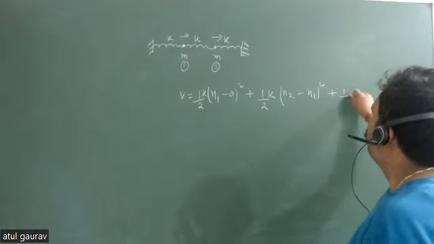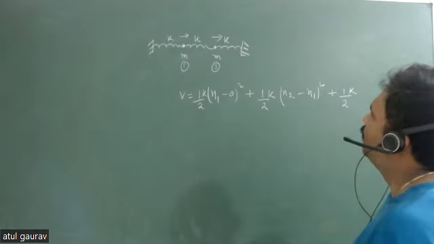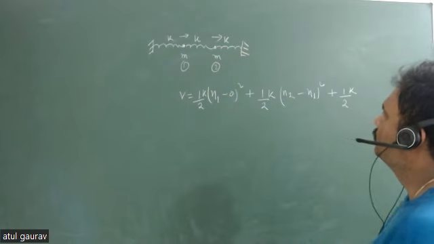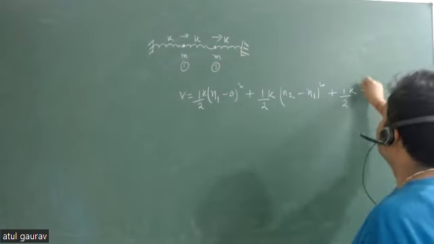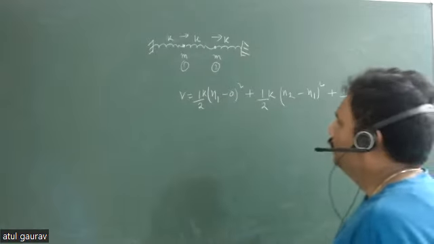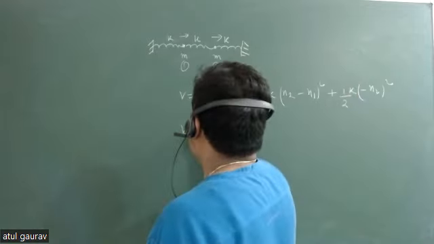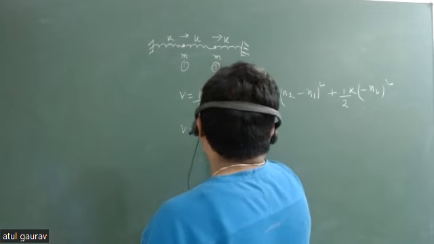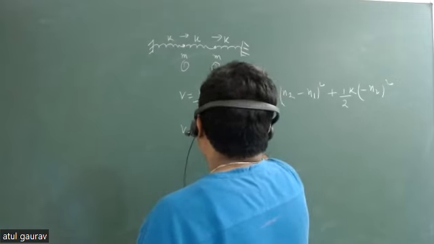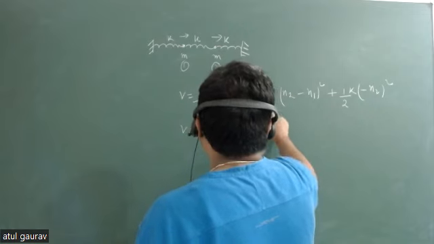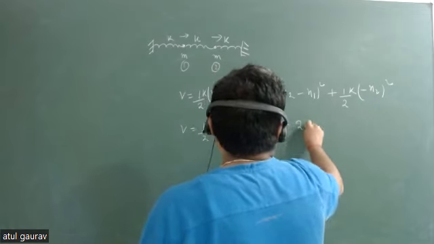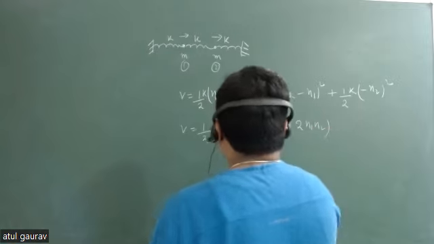Now what about the third spring? Minus eta 2. Very good. Minus eta 2 whole square. And now you have to write your matrix, and that matrix is half 2 times eta 1 square plus 2 times eta 2 square minus 2 times eta 1 eta 2.